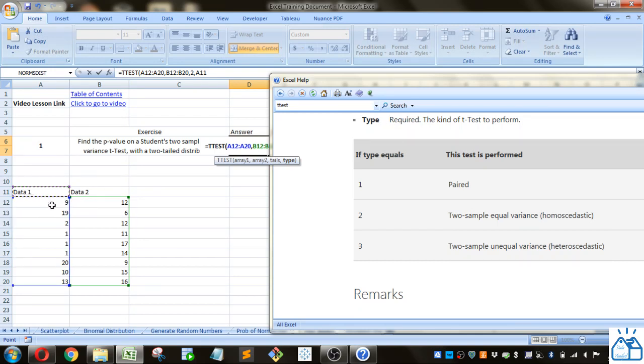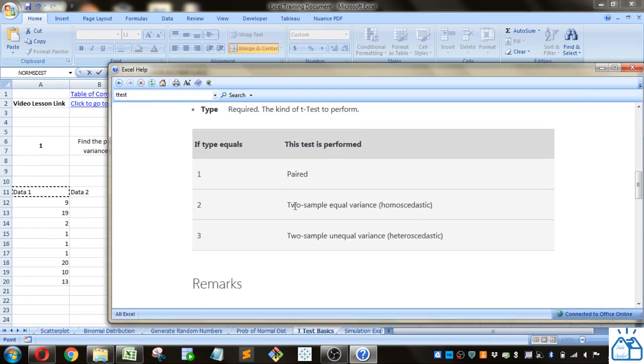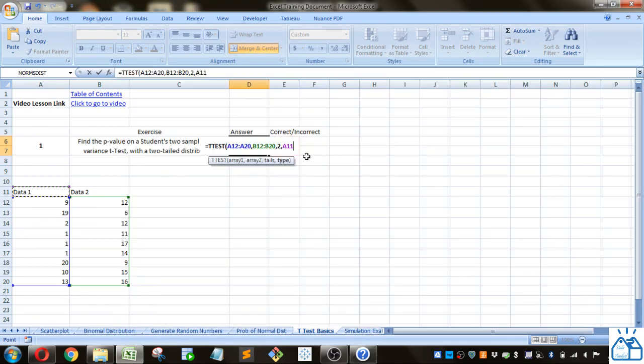It's paired because it's the same person that you're getting both of the data points from. You could also do two-sample equal variance or two-sample unequal variance. In this case, we're going to assume these are equal variance, so we're going to select 2 as our type. Delete that and do 2.